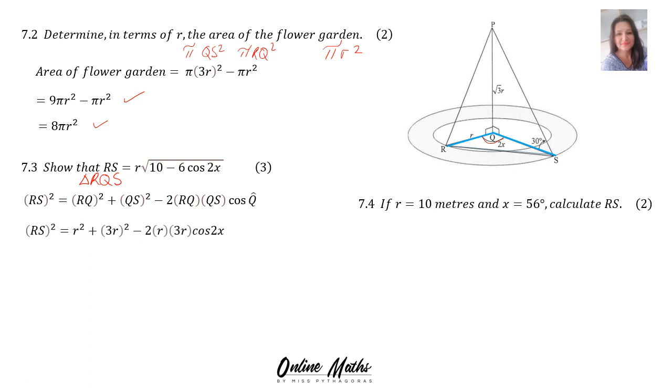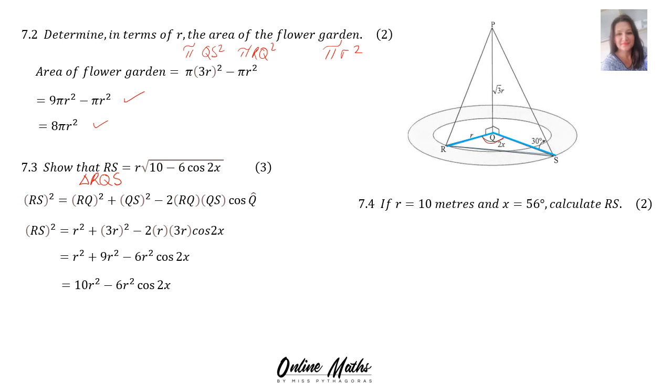RQ is r squared, and then QS is 3r squared, minus 2 r times 3r cos 2x. And then we have r squared plus 9r squared minus 6r squared cos 2x. And then r squared plus 9r squared is 10r squared minus 6r squared cos 2x.